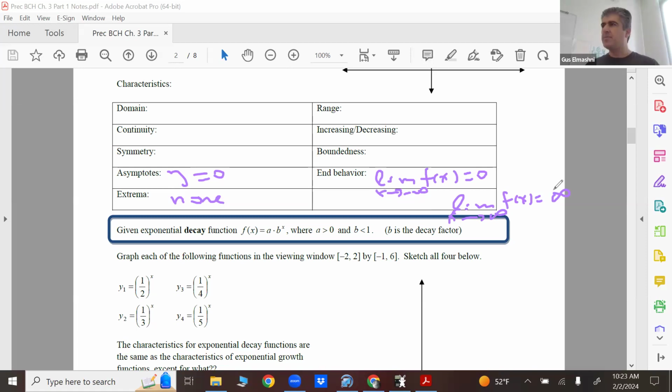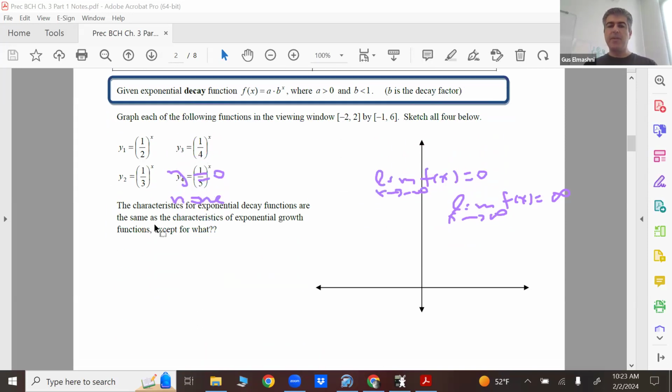Okay, does that make sense? The end behavior, that's the part I care the most about, because that's more the calculus implication of it, which is what we're working our way towards this spring. So okay.